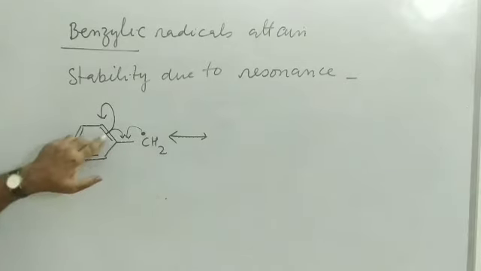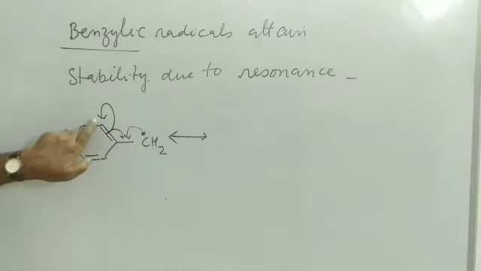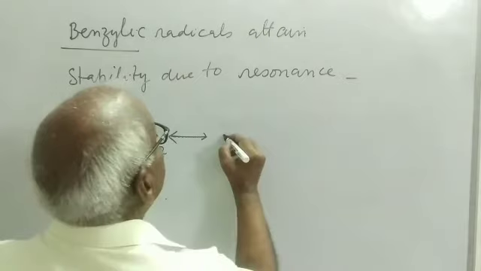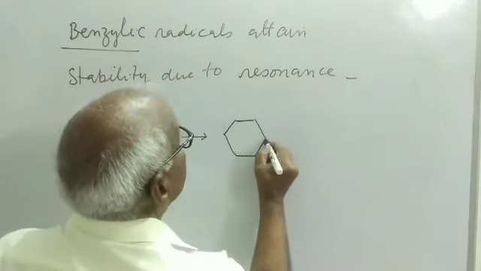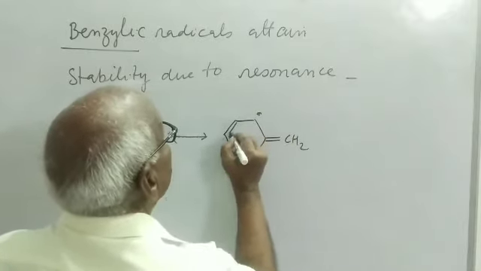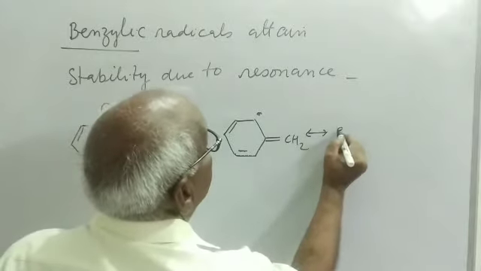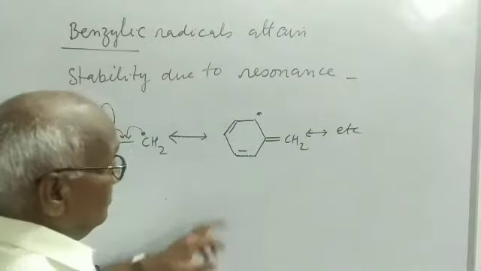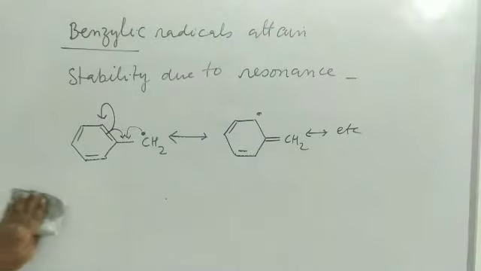CH2, like that. As it is delocalized over the ring, 4 structures are produced.